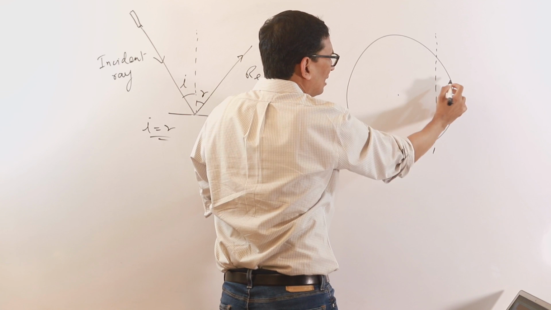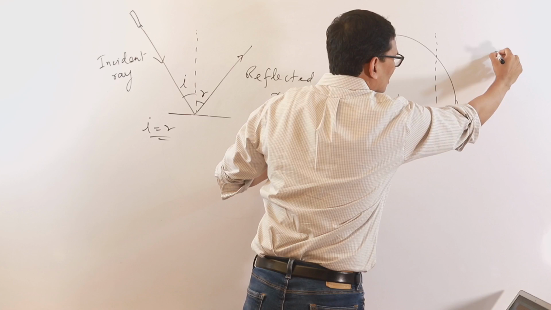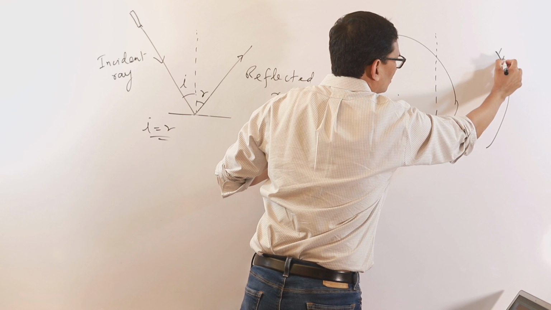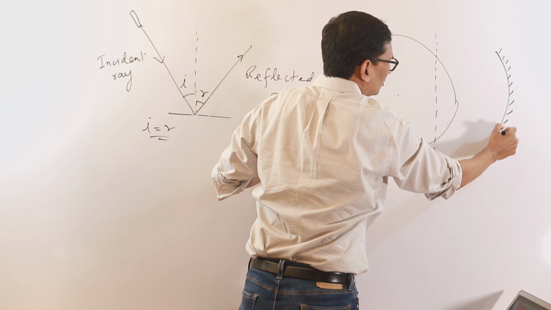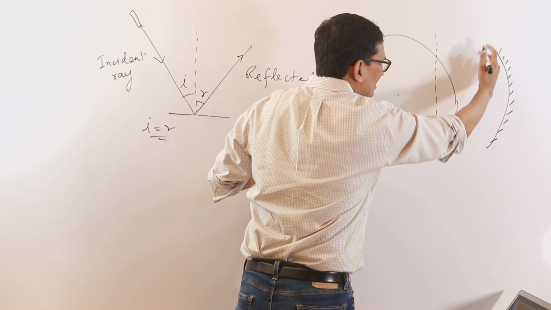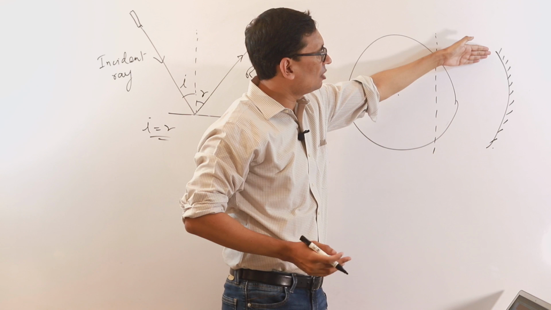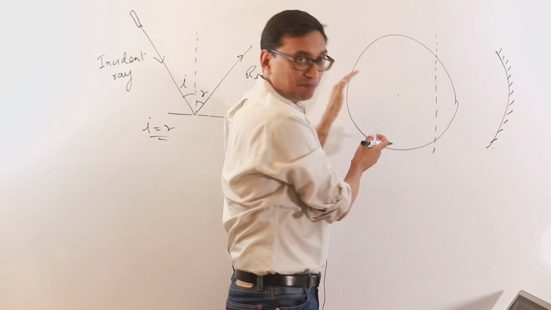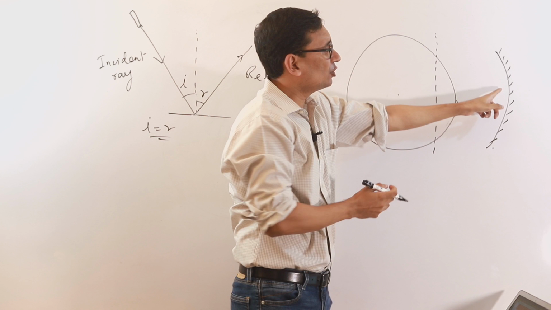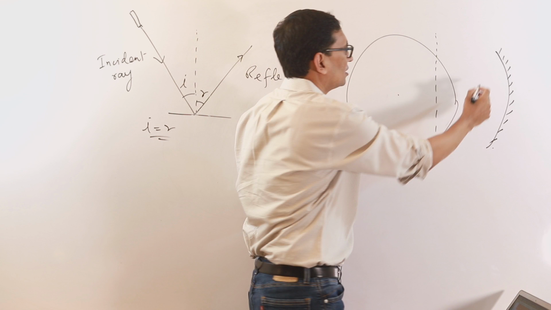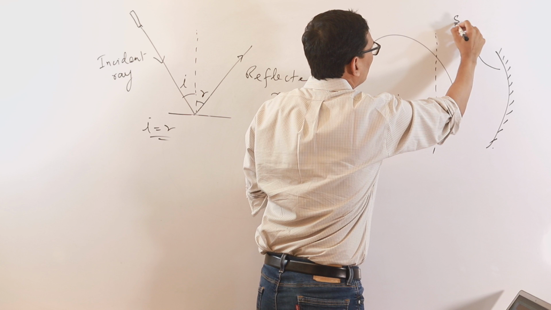Now I essentially have a mirror like this. This is the side which is reflecting, and because this mirror is part of a sphere, we call it a spherical mirror.